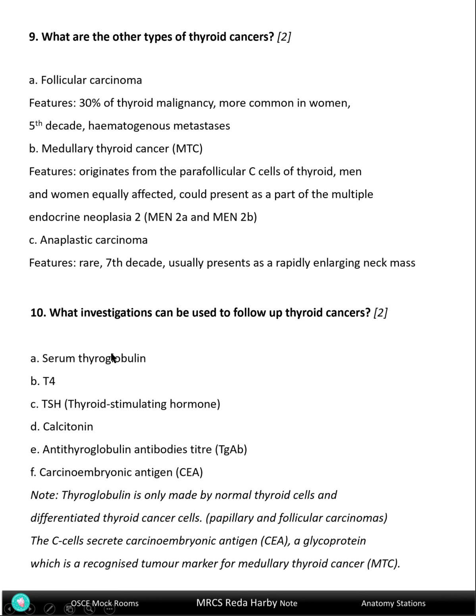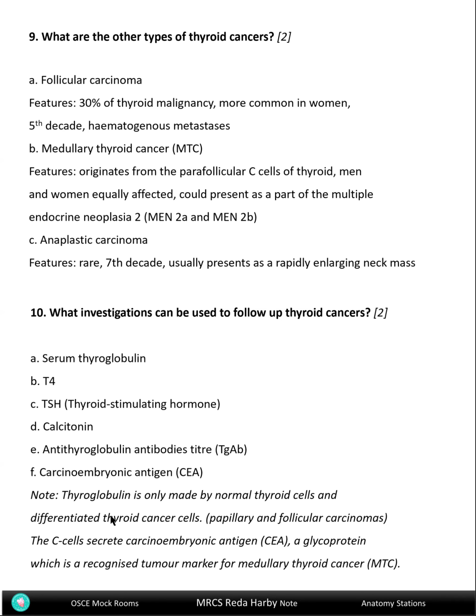What is the investigation used to follow up thyroid cancers? This can be asked always, but we always link pathology with the anatomy because we think anatomy, then pathology, always like that to connect the areas of the specialties in your brain. So serum thyroglobulin, T4, TSH, calcitonin, antithyroglobulin antibodies, and carcinoembryonic antigen.